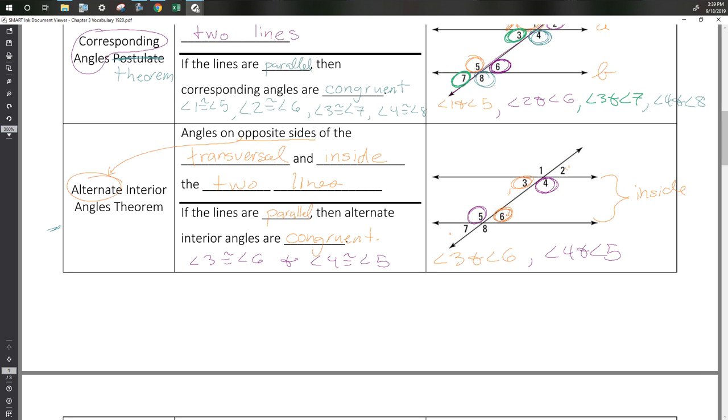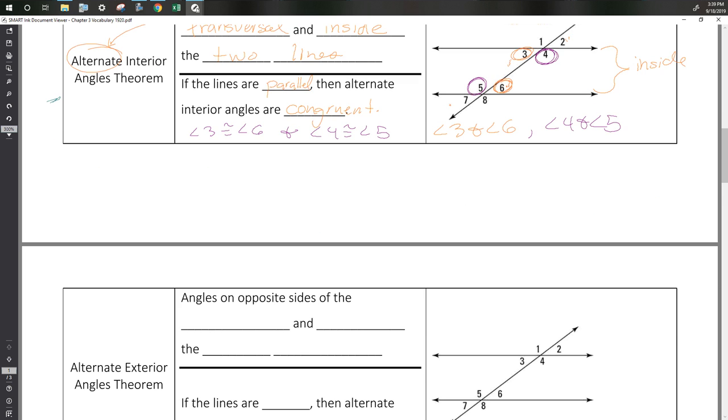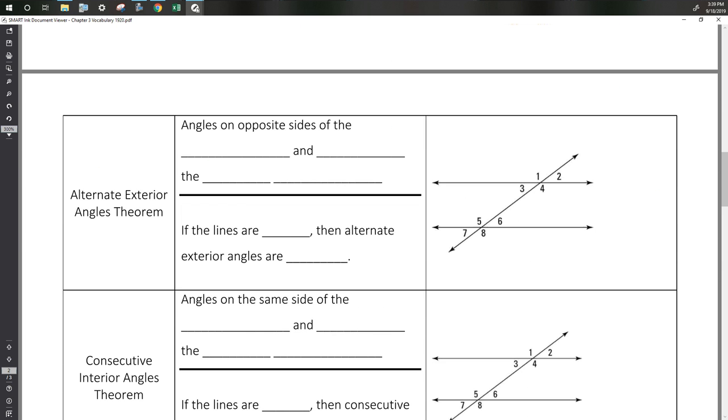Okay. So if between the two lines is the interior, then what is outside of those two lines is considered the exterior. So this part is the interior. So the exterior angles are angle 1, angle 2, angle 7, and angle 8, because they are outside of the two lines.